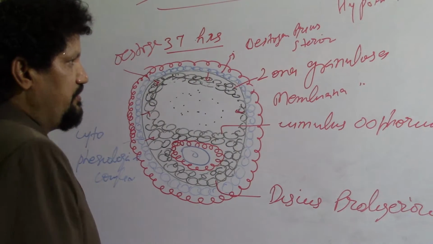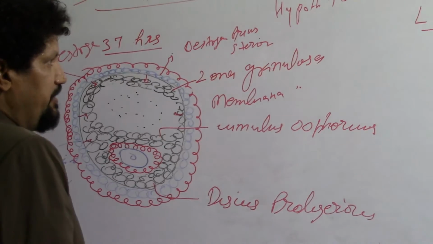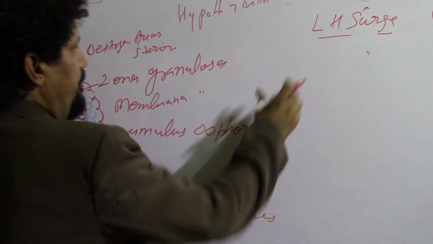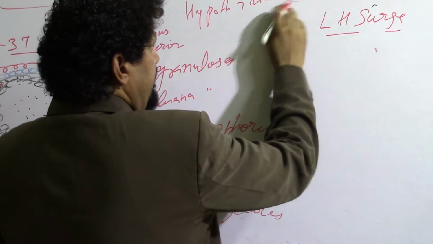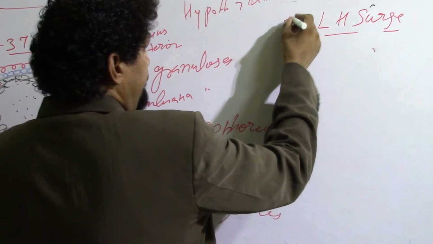Under influence of estrogen, before 3 hours of ovulation, there will be increased level of luteinizing hormone.